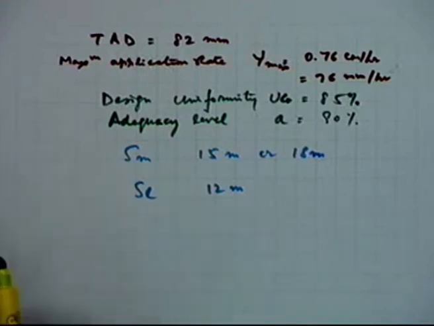Now, besides this basic data, there are some constraints on the operations also.